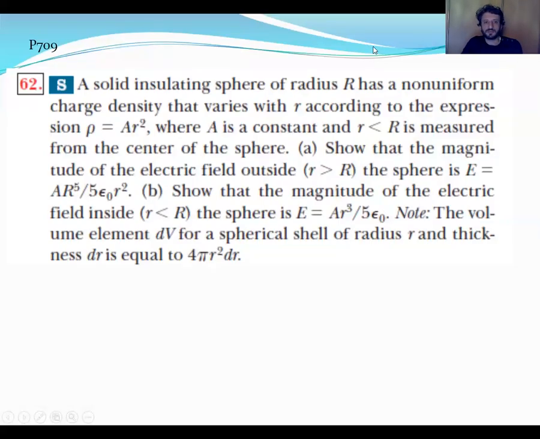Problem 62, page 709. Here we have a solid insulating sphere, so it's not metallic, of radius capital R. It has a non-uniform charge density rho.